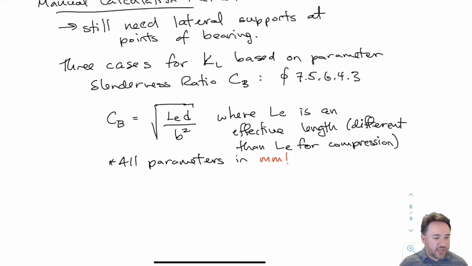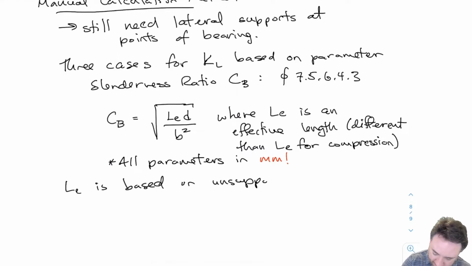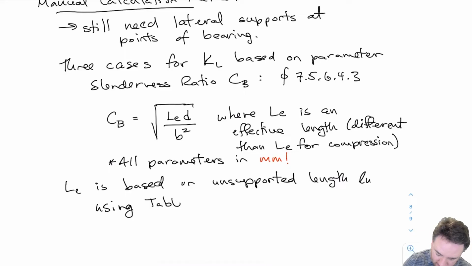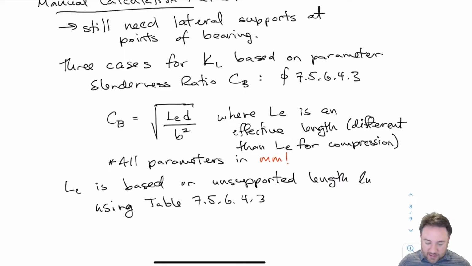So we're going to determine LE based on some tabulated values in table 7.5.6.4.3. And this LE is based on, just like for compression in columns, our unsupported length, our length between lateral supports for columns.